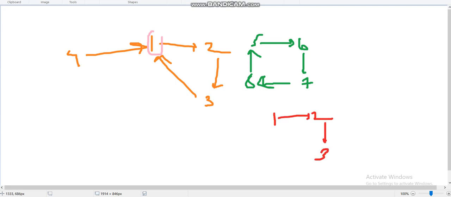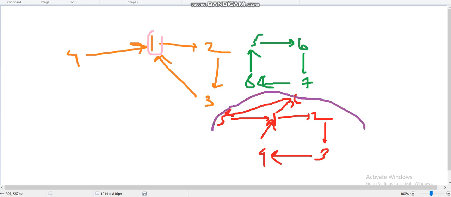Let's say 1 2 3 4, and there could also be a cycle like 5 1 6. This type of graph is not possible because here 1 has two outgoing edges. One is from 1 to 2 and another one is from 1 to 6.